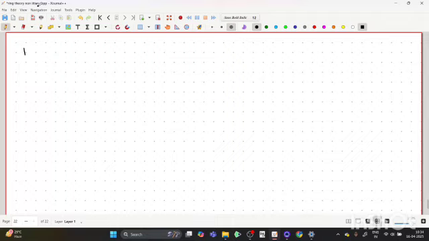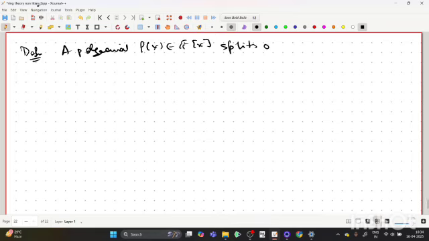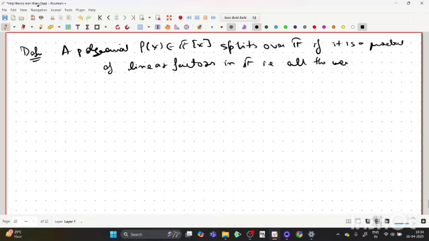Okay. Definition: a polynomial f(x) in F[x] splits over F if it is a product of linear factors in F. That is, all the roots of p are in F. Example: x squared minus 1 in R[x].